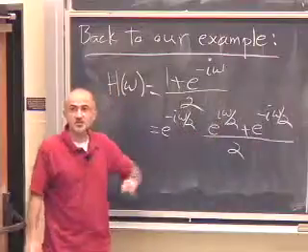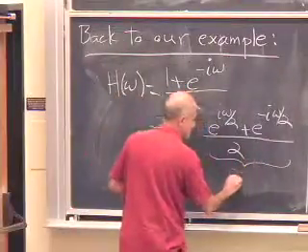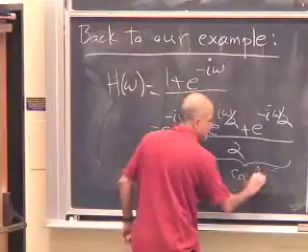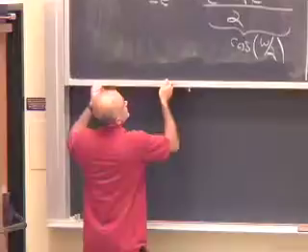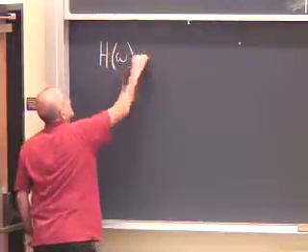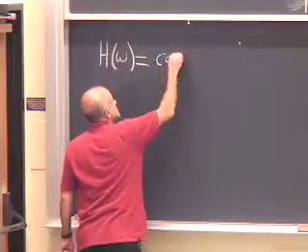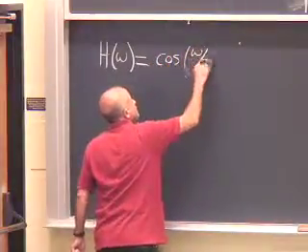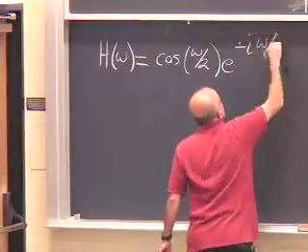That looks pretty nice, doesn't it? What is this? This is cosine of what? Omega over 2. So I have now managed to convert h of omega into something that looks a heck of a lot friendlier. Cosine omega over 2 times e to the minus I omega over 2.